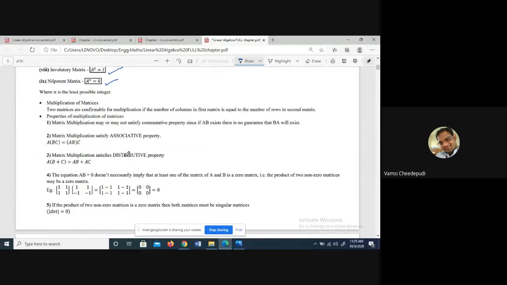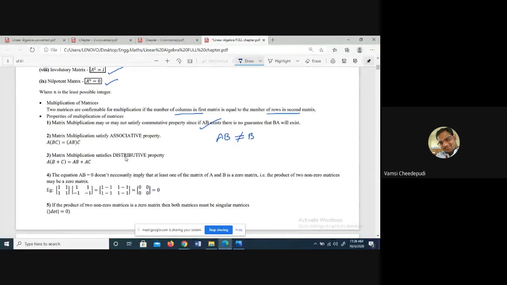And matrix multiplication: when two matrices are going to be multiplied, the number of columns in the first matrix is equal to the number of rows in the second matrix, then we can multiply them. And matrix multiplication doesn't follow the commutative law. AB is usually not equal to BA.